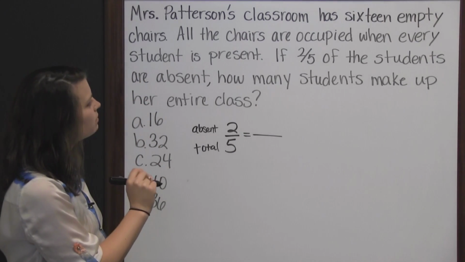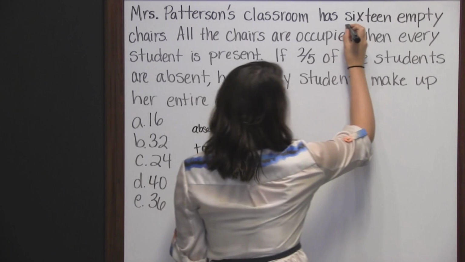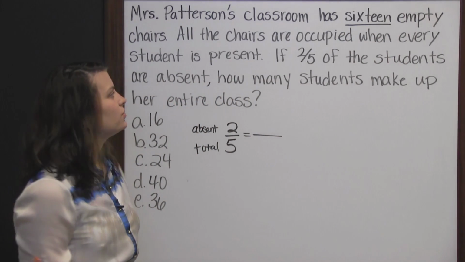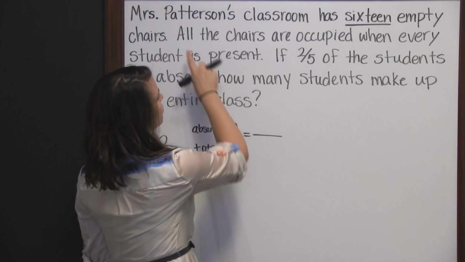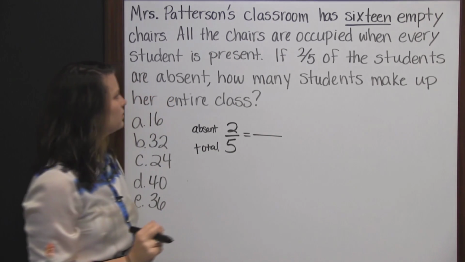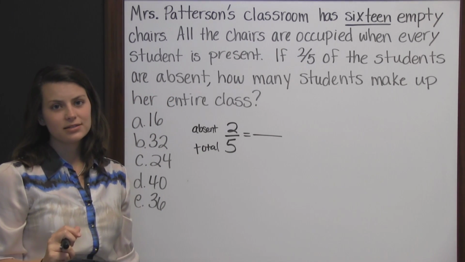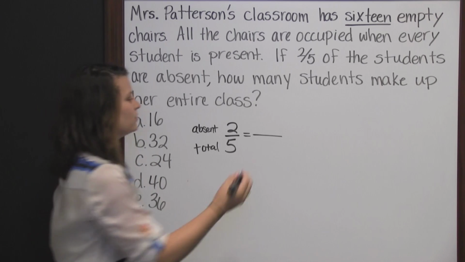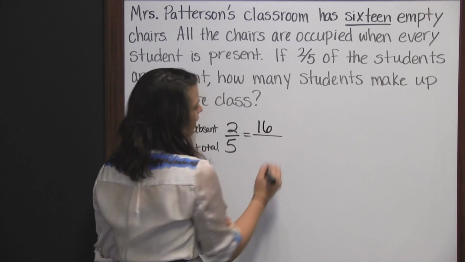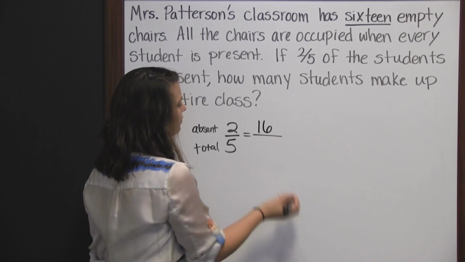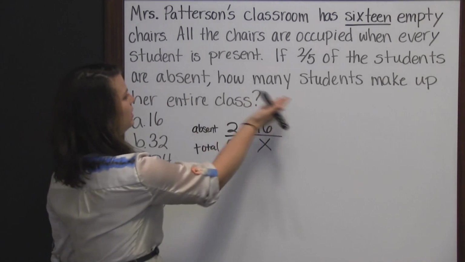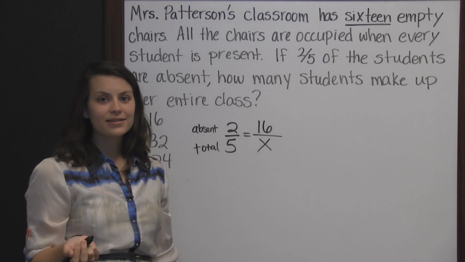And it says in the problem that there are 16 empty chairs, which means there are 16 students missing, since usually all the chairs are occupied when every student is present. So every empty chair is a student who's absent. So we have 16 absent students out of, and this is what we don't know, what's the total? How many students make up her entire class?